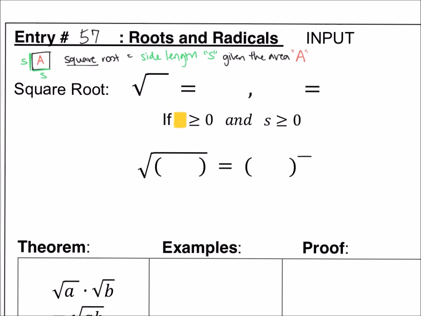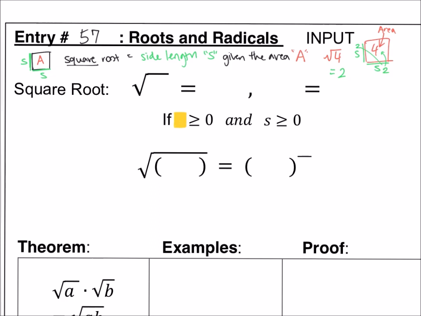So let's say you were told to find the square root of 4. That essentially means you think of a square with an area of 4, and you're trying to find the side length that will multiply together to make that area of 4. So the square root of 4 would be 2, because only a side length of 2 would multiply together to get the area of 4 if it had to be a square.